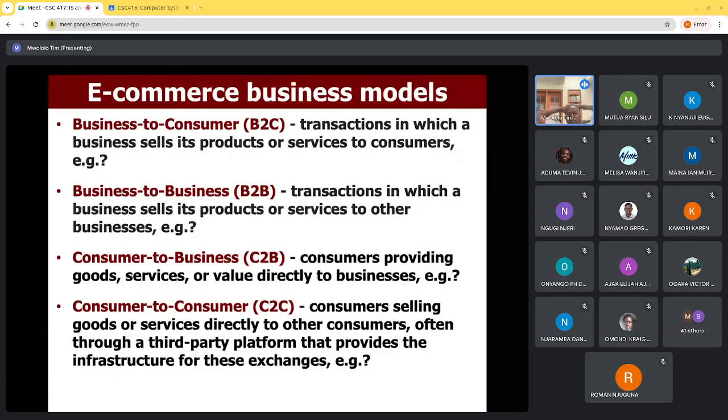In all these models, whether you're doing B2C, B2B or any of these four, you need to be able to pay. Even in C2C, if I have a platform where students can sell their wares to other students, they need to be able to pay. So my third-party platform needs to integrate a payment platform.